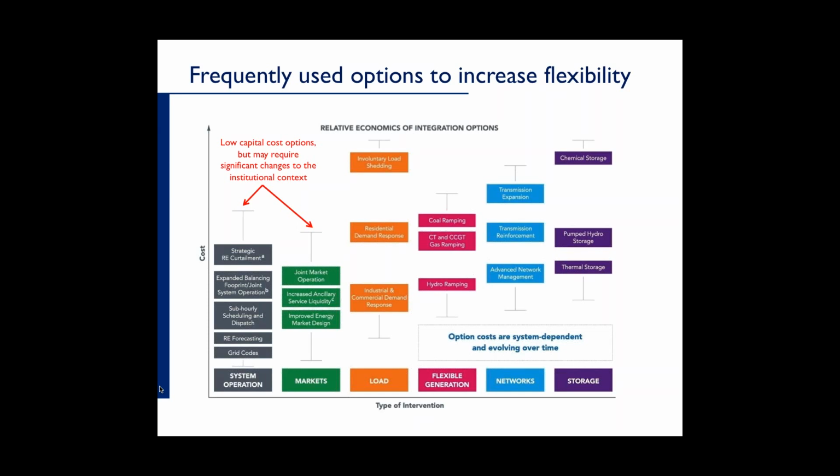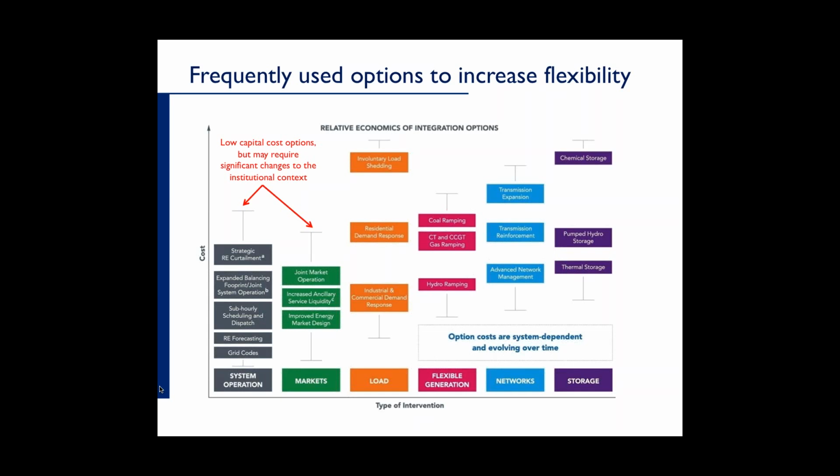Now, I'm not going to attempt to go through this somewhat complicated but really thorough graph. What I would like to do is draw your attention along the bottom of the graph where you see the box labeled system operation, and then markets, load, flexible generation, networks, and storage.